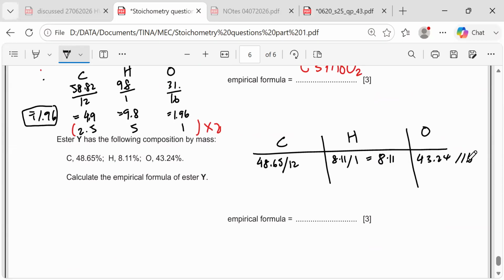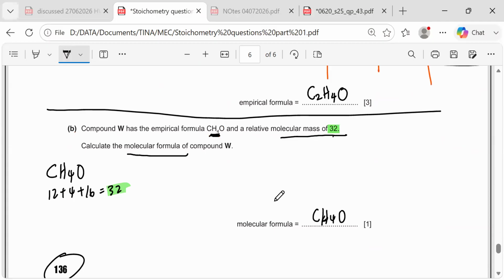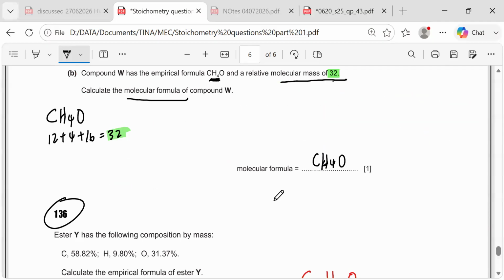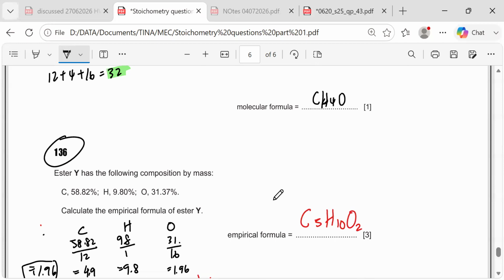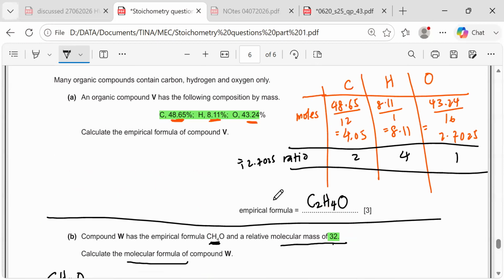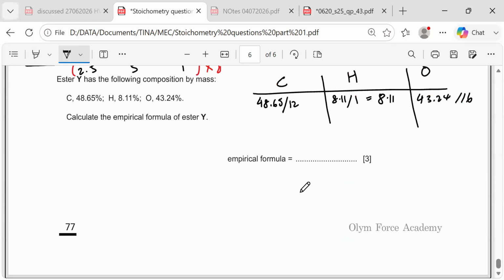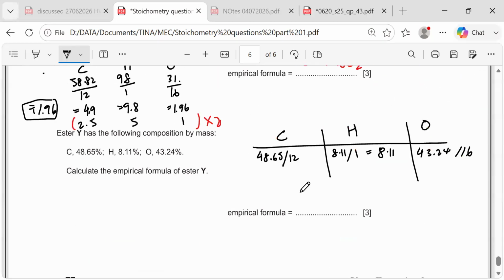Same thing: 48.65, 8.11, 43.24. Did you count something wrong? Why is the answer different? I think you counted wrong. Look carefully.